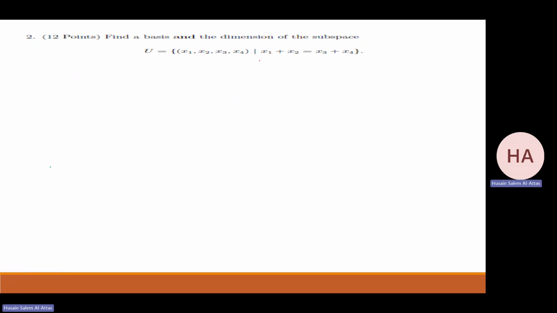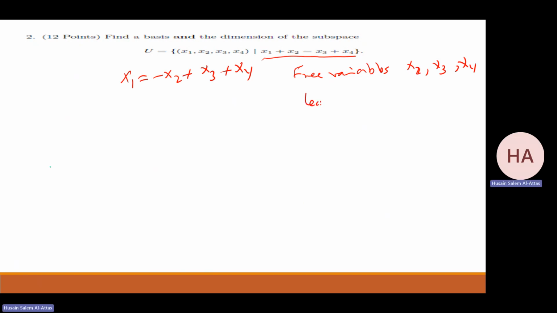So the same thing, I will write it as x1 equals minus x2 plus x3 plus x4. So my vector x will be x1. What are the free variables? Free variables are x2, x3, x4. The leading variable will be x1 in this case.